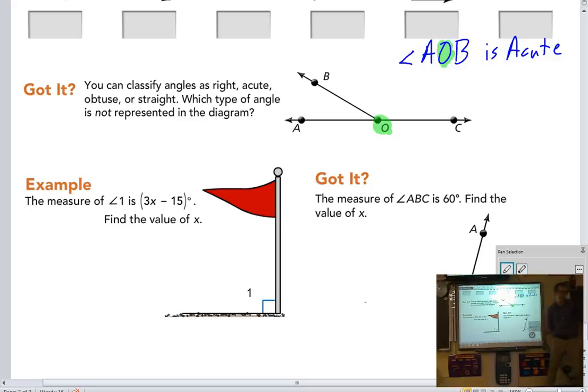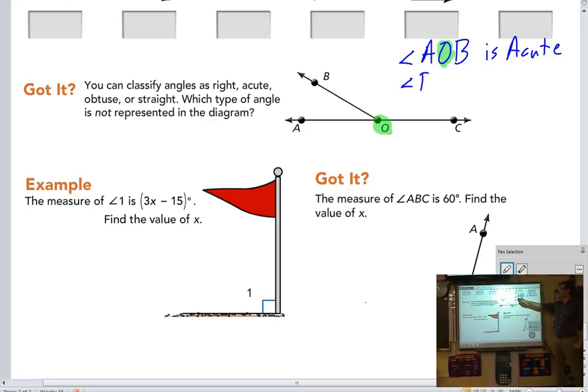So then when I go to name the obtuse angle, Maylee, can you see an obtuse angle here and name it? So how do I name it using the 3 points? I'd say angle B. What's the vertex? What's in the middle?